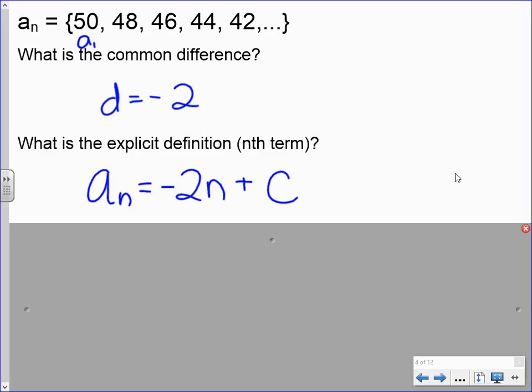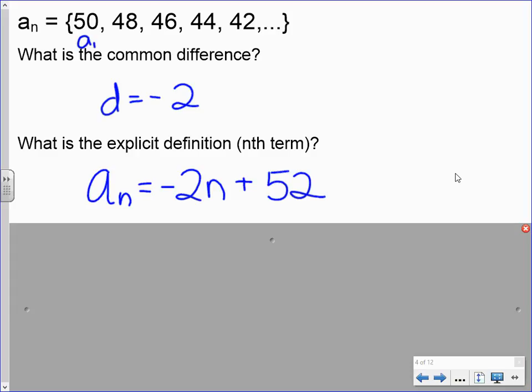What would that C value be? 52. When we plug in 1, -2 times 1 plus 52 is 50. That gets us the correct first term. You could also think of this as your 0 term. If you go backwards in your sequence once, that would be this number right here.